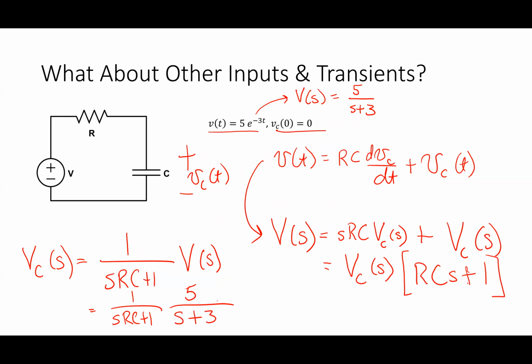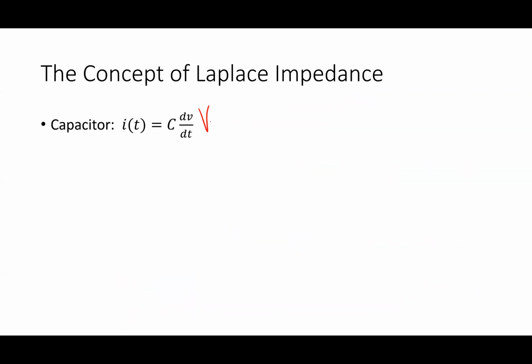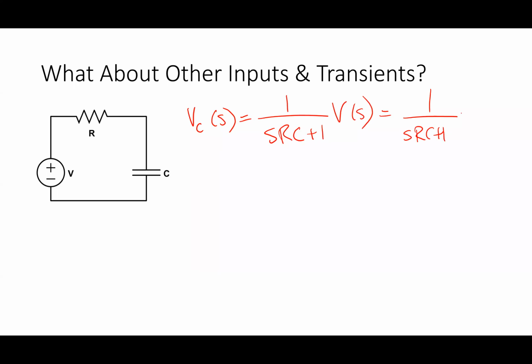Now, if RC was a number, which it would be in a real system, how would you solve this? Vc of s equals 1 over (sRC plus 1) times 5 over (s plus 3).